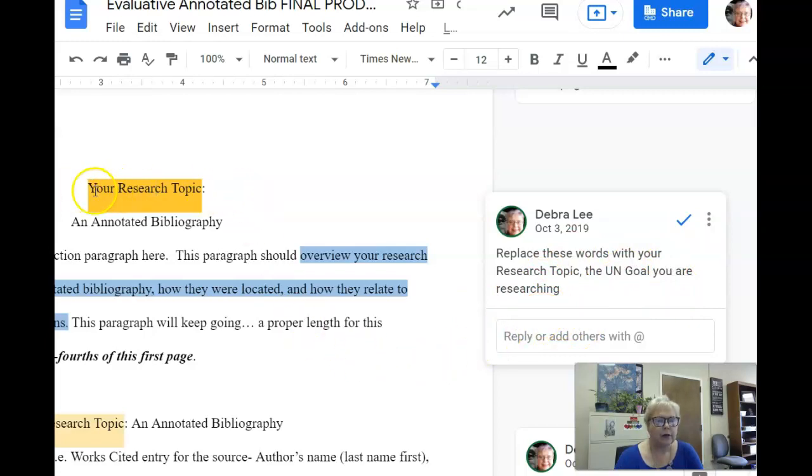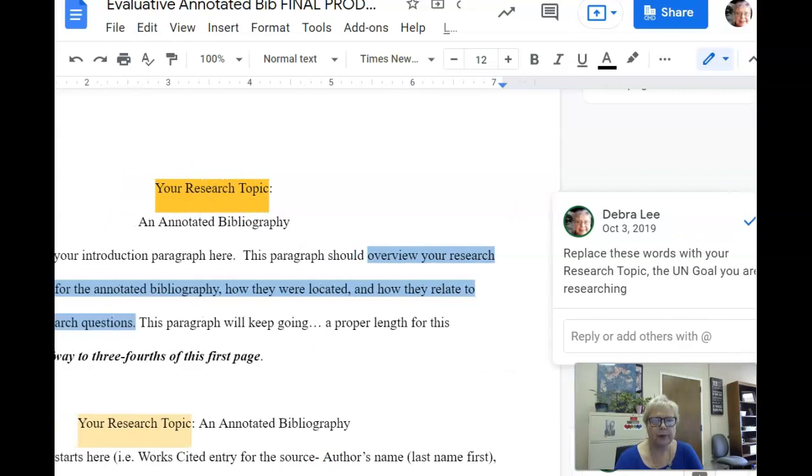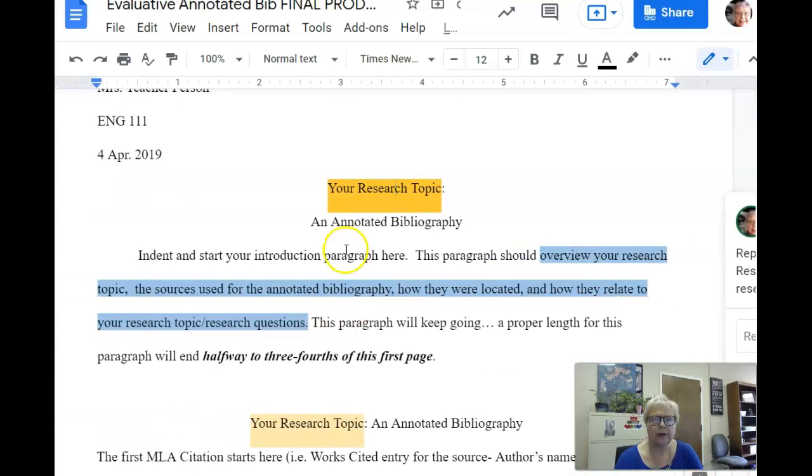So goal 5, whatever, right there as your research topic. And then you're going to put a colon at the end of that. There's your colon right there. And then underneath that, you're going to write an annotated bibliography. So this is a 2-part title.